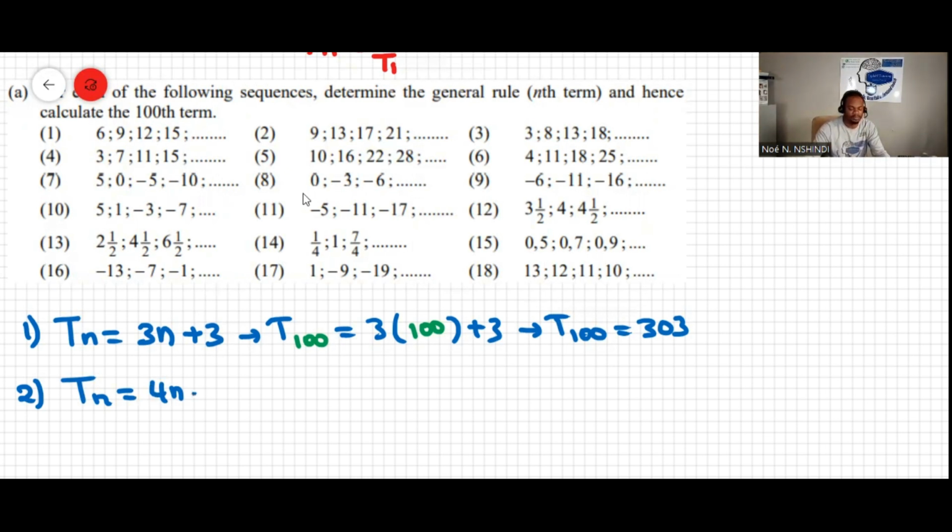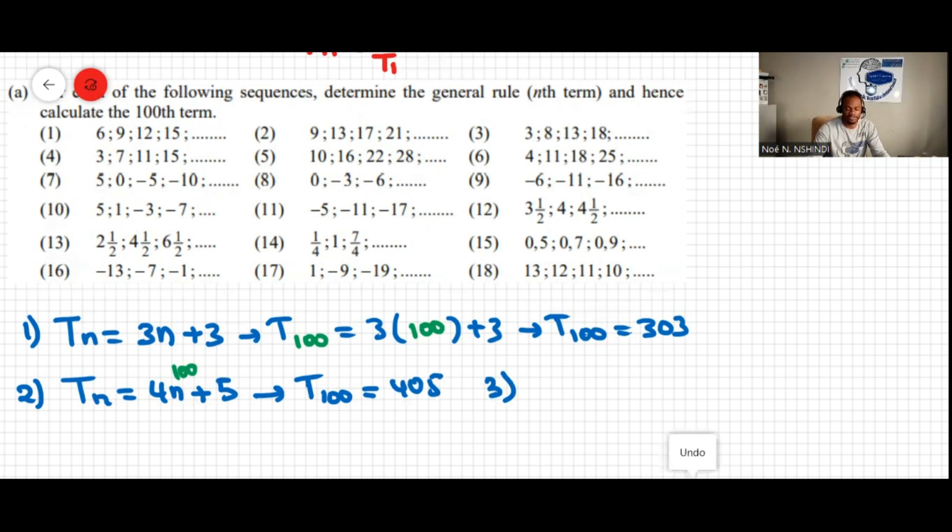So I'll say plus 5. So this is the pattern. Now to find T100, I substitute 100 for n, and that makes 400 plus 5, which is equal to 405.